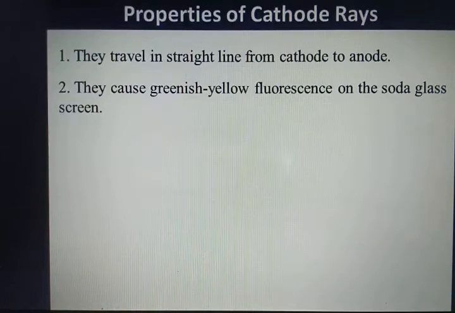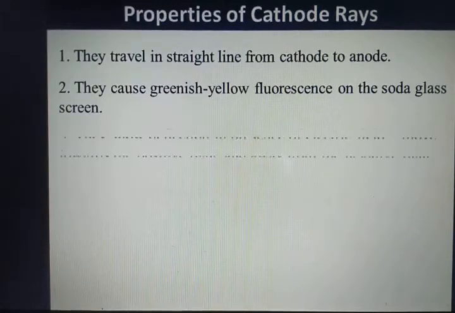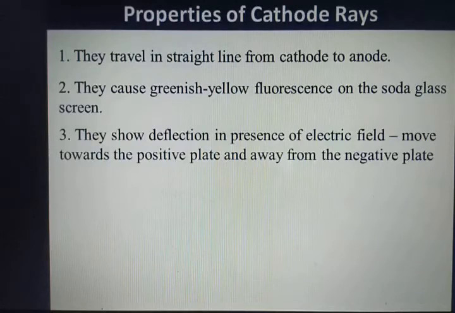It is helping us and other workers to see that it's green in color and it's due to the cathode rays. The next, it's showing deflection in the presence of a field. We have already seen that.